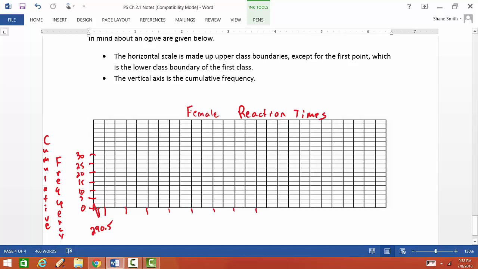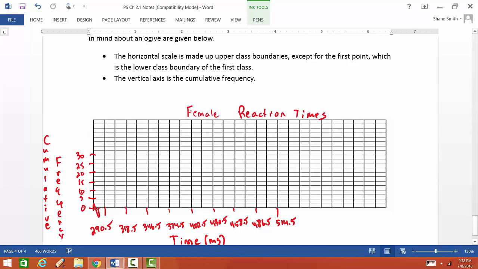And next was 318.5, 346.5, 374.5, 402.5, 430.5, 458.5, 486.5, 514.5. And again, time in milliseconds.